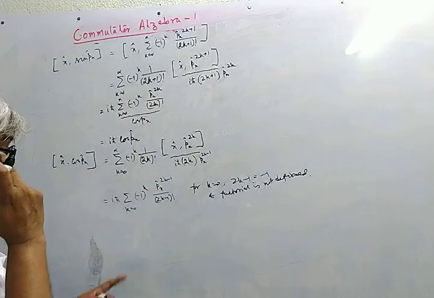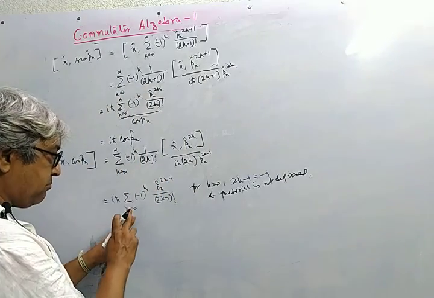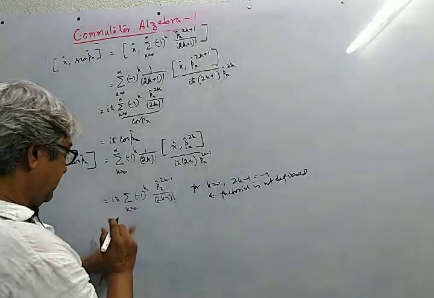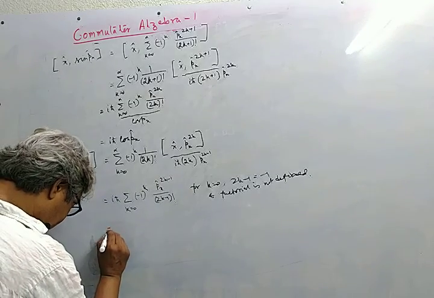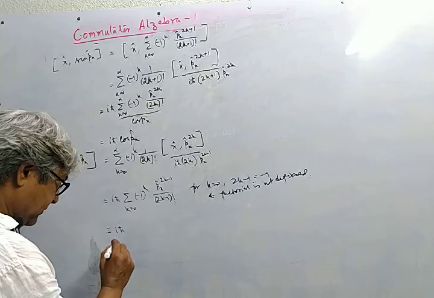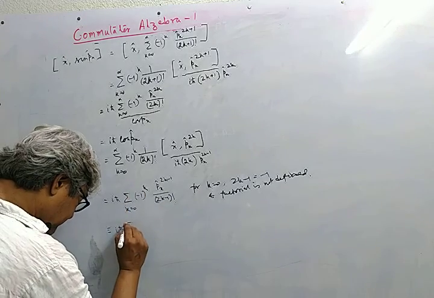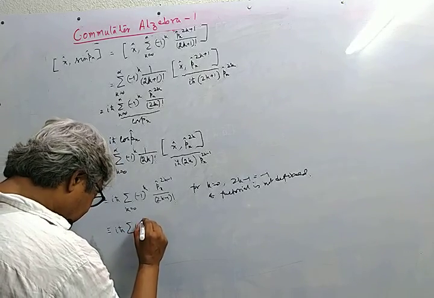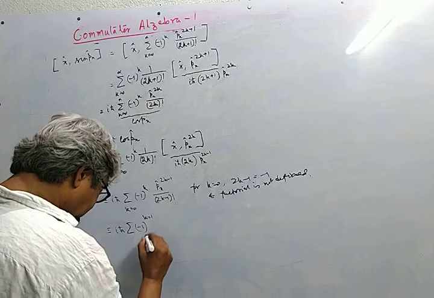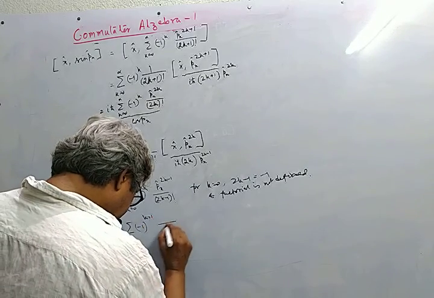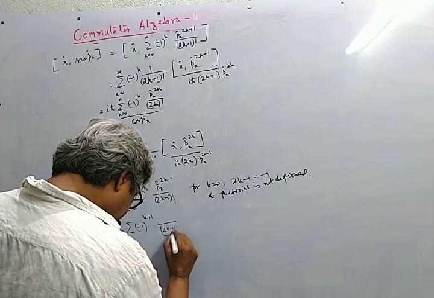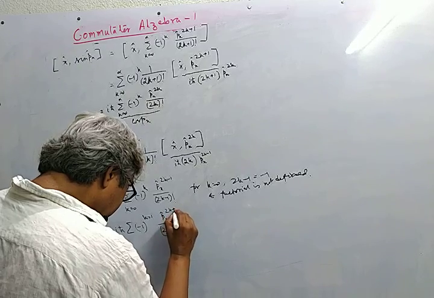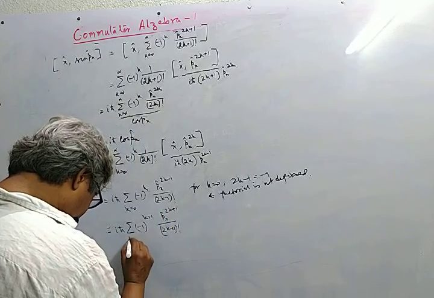So what we do, we can do one thing. Either we can start the sum from 1, or we can make it plus 1. So this is equivalent to h cross. Note the change.